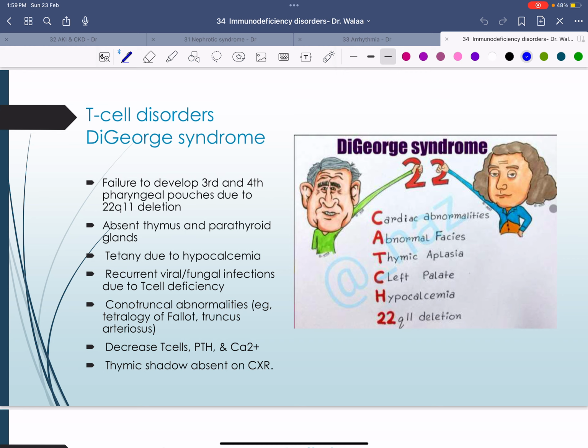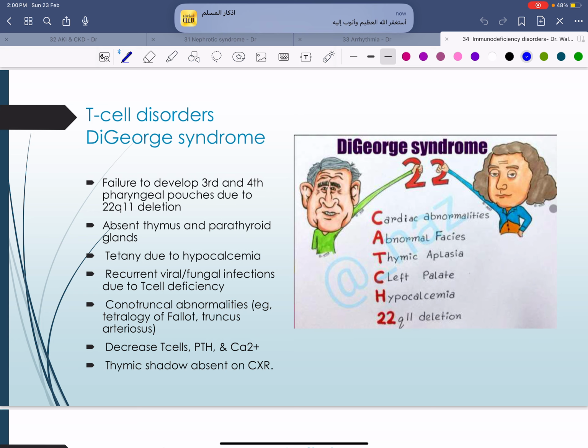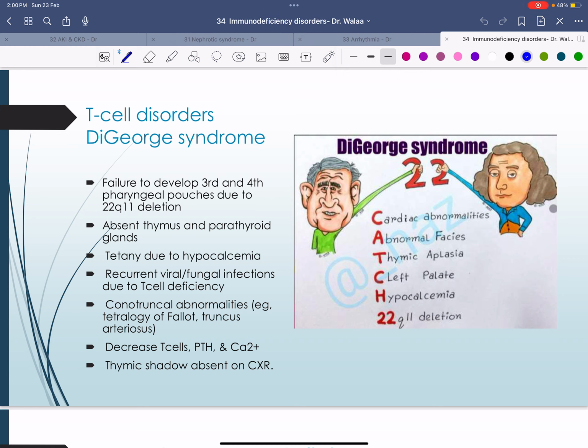Scenario number 2, for example, a newborn who has a profound or severe hypocalcemic seizure, which is difficult to correct. You're giving calcium supplementation, but they are still actively seizing. So severe hypocalcemia and severe hypocalcemic seizure should make you think about an underlying immune disorder, DiGeorge syndrome, because of the manifestations we mentioned, either parathyroid aplasia or hypoplastic parathyroid, which lead to severe profound hypocalcemia and hypocalcemic seizure.